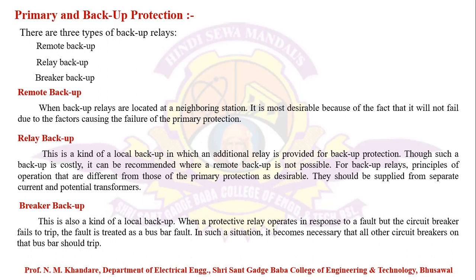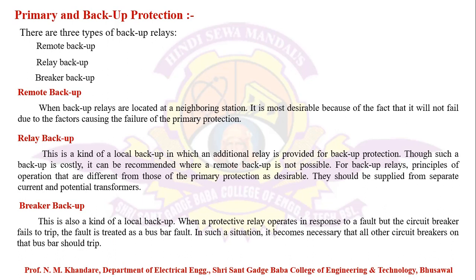As it is treated as a busbar fault, it is desired that all the circuit breakers placed for the protection of that busbar must be tripped and the faulty section isolated within the minimum time. So these are the three types of backup protection: the remote backup, relay backup and the breaker backup.